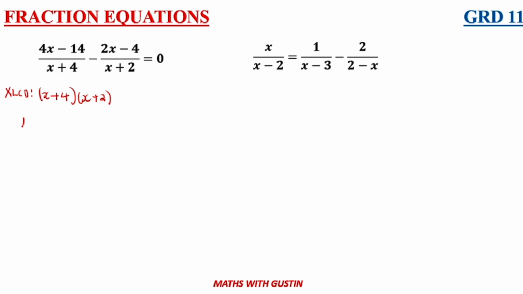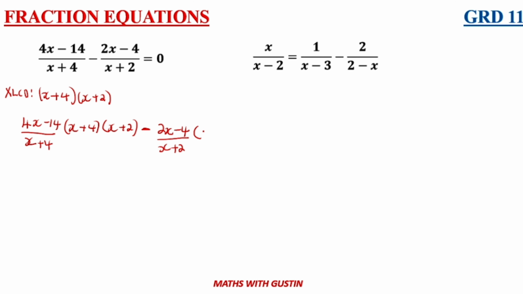From the first one, it's 4x minus 14 all over x plus 4. Then we multiply everything by an LCD here as well. Here we go. And then the question says minus here. Then we have got 2x minus 4 all over x plus 2.